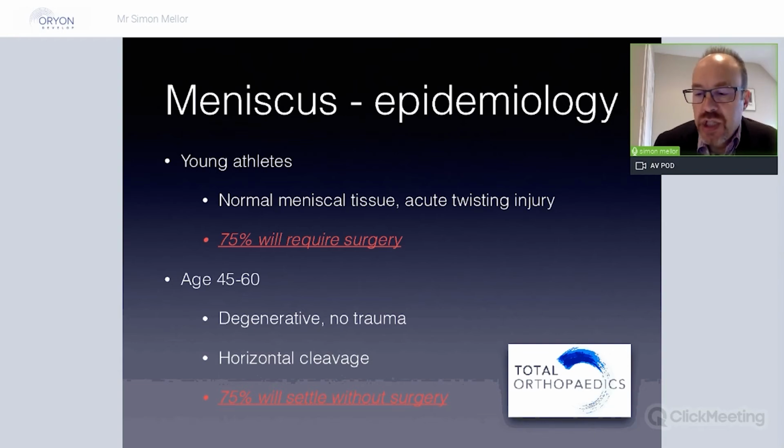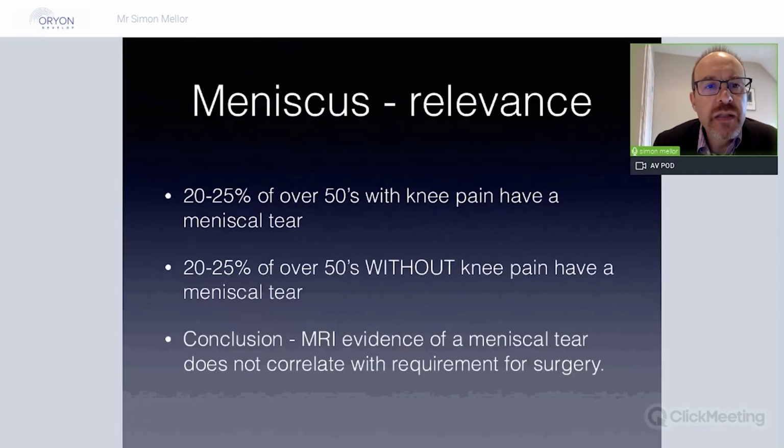And I'll explain briefly why that is. Essentially, in the population over about 40, specifically delamination and therefore horizontal cleavage tears of the meniscus are just very prevalent in the normal population.